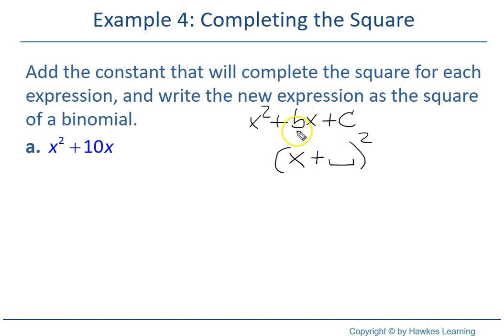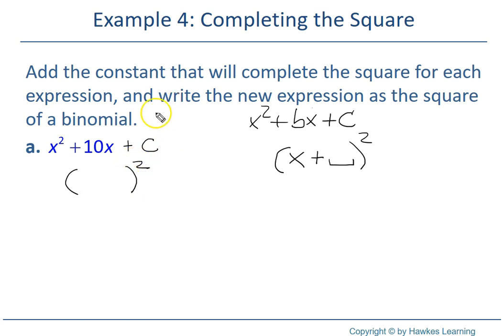So this is the first part of it, and we're using this process, completing the square. So what we need here, we have the x squared, we have bx, and what we're missing here is what we call our c term, this c term here, and we want it to become this.